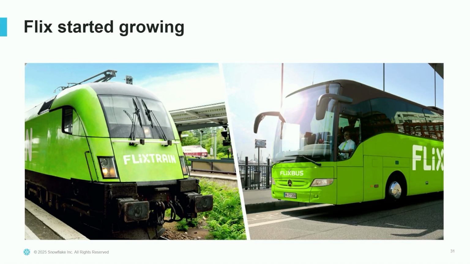And then Flix started growing. Besides the bus fleet that we have in place, we also have more and more trains. And you saw on the slide before, it said 10 plus trains. And true, when I created the presentation a couple months back, that was still the accurate number. But the recent announcement, I think it was a week or two ago, was that Flix invested over 2 billion in 65 high-speed trains.